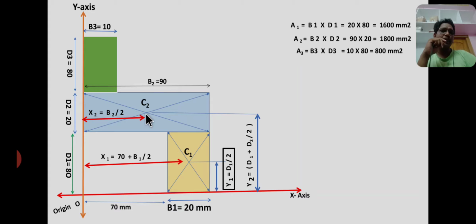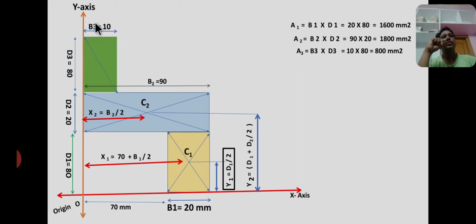There is no gap between C2 and the y-axis, therefore x2 equals base 2 by 2, that is 90 by 2 equal to 45 mm. So x2 equals 45 mm and y2 equals the height of the bottom rectangle plus half of the height of the second rectangle, that is d1 plus d2 by 2.